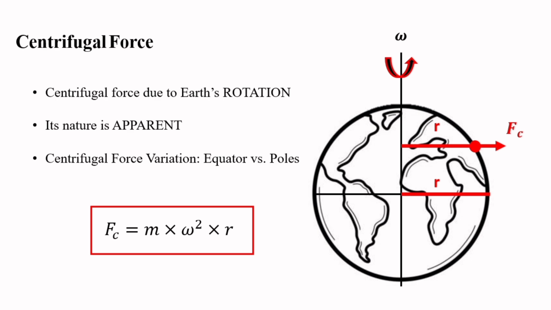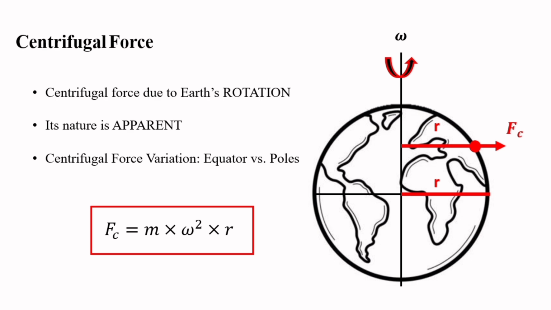The formula for centrifugal force acting on an object due to the Earth's rotation equals the mass of the object multiplied by the square of the Earth's angular velocity multiplied by the object's perpendicular distance from the axis of rotation.